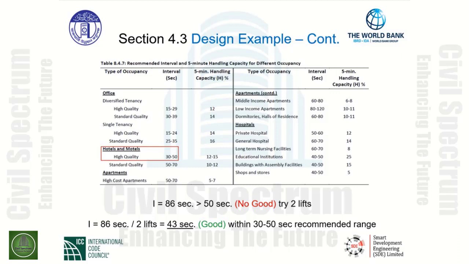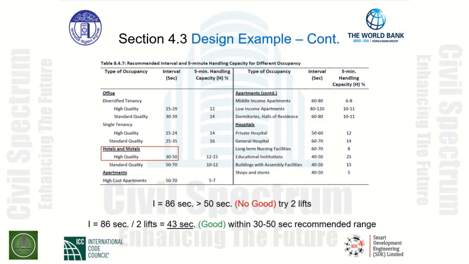Therefore, our initial interval of 86 seconds will not comply with what we have applicable in the table. As you can see, I, at a value of 86 seconds, is greater than the maximum allowable 50 seconds indicated in the table. We could now try 2 lifts.